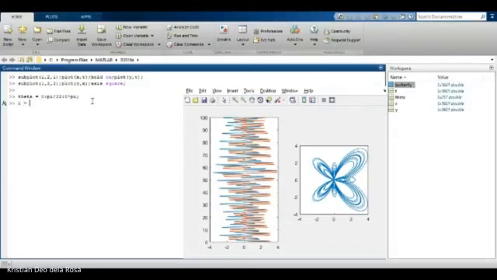So, r is equal to exponent times the sine of theta, minus, open parentheses, 2 times the cosine of 4 times theta, close that, minus, open parentheses, sine of, open again, 2 times theta, and the result of that minus pi.